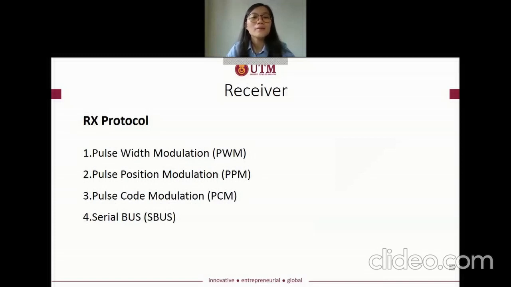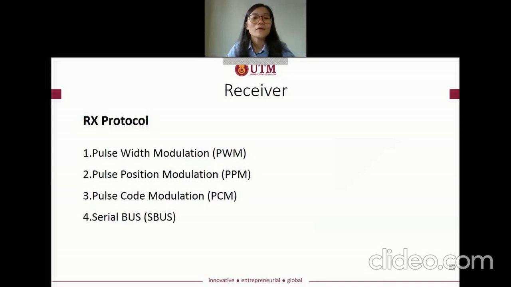Furthermore, PCM is a data type similar to PPM. However, it is a digital signal. In other words, the value is either 0 or 1. The advantage of this protocol is that it enables signal error detection and even error correction. Therefore, the conclusion that PCM is more reliable can be made.